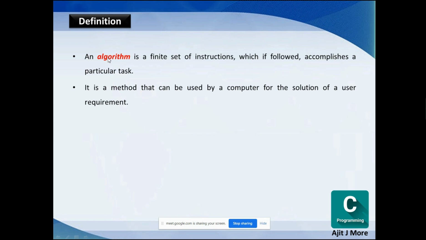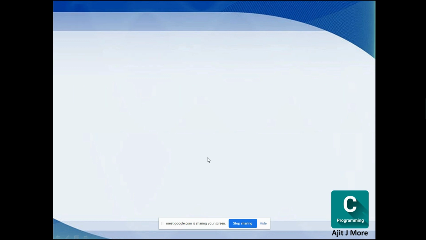For finding solutions to many things, like if there is a battle to be fought against someone else, they might also have used this strategy of an algorithm to find the solution. So it is a method that can be used by a computer for getting the solution of your problem. Whatever your problem is, to get its solution, you can use an algorithm. I hope the definition is clear to you.